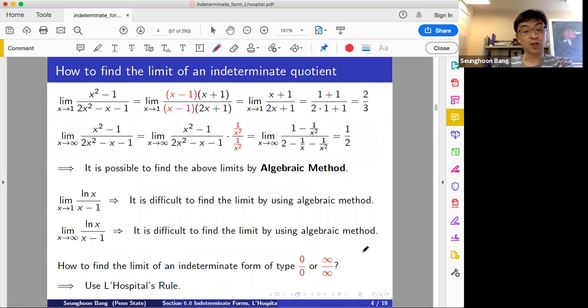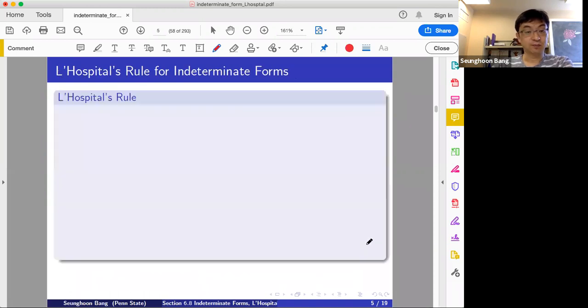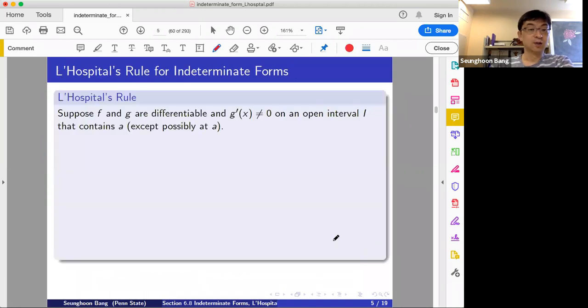So the main tool is today's title, L'Hopital's rule. So what is L'Hopital's rule? I'm going to explain L'Hopital's rule here. Suppose the function f and function g are differentiable and g prime of x is not equal to 0 on an interval I that contains point a, except possibly at a.